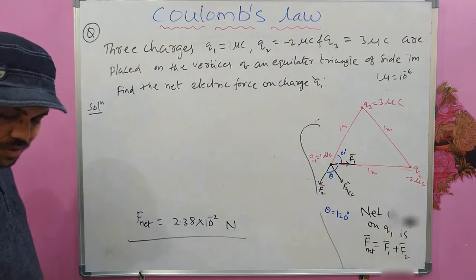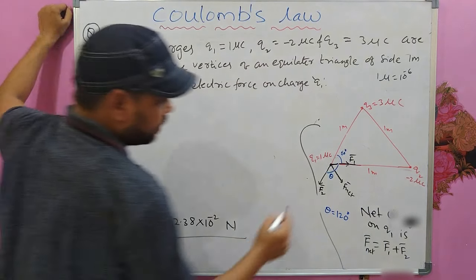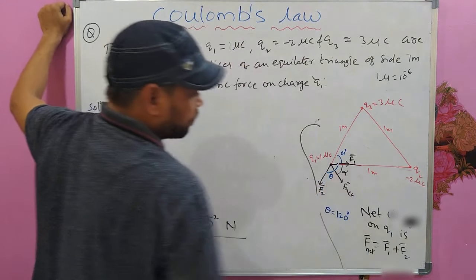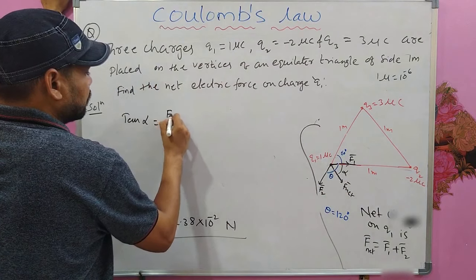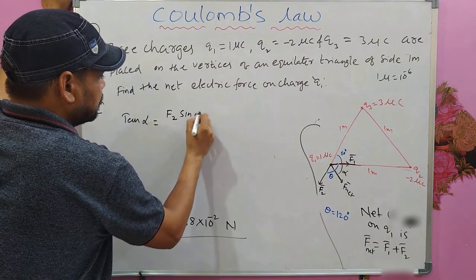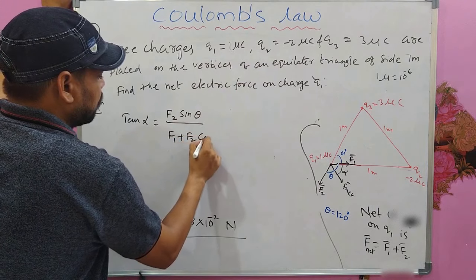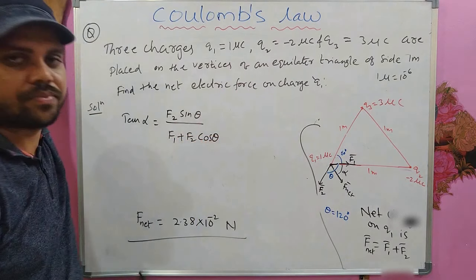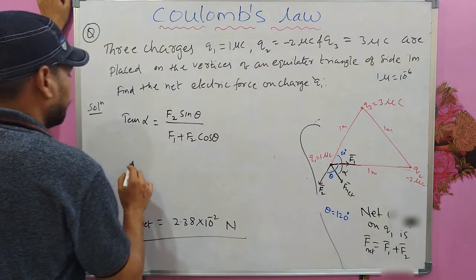Tan alpha equals, where alpha is the angle between F net and F1, F2 sine theta by F1 plus F2 cos theta.